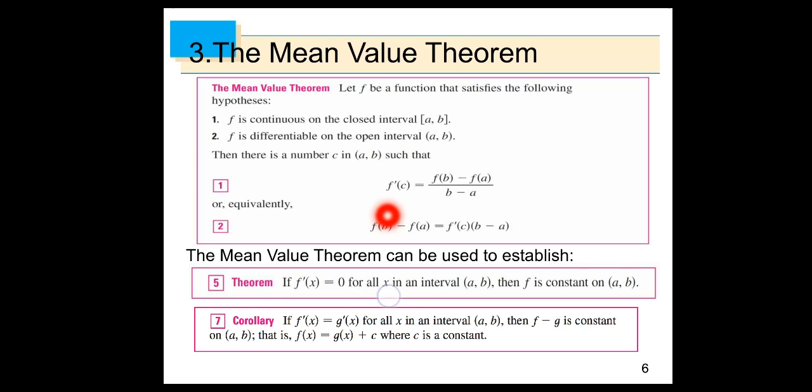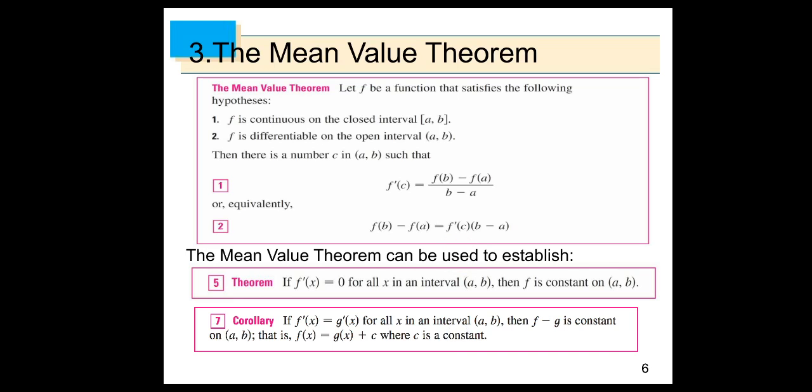So in the mean value theorem, we have to satisfy these two conditions, and then f prime of c, the derivative of f at c, should be equal to f of b minus f of a divided by b minus a. Or we can say that f of b minus f of a should be equal to f prime of c times b minus a.